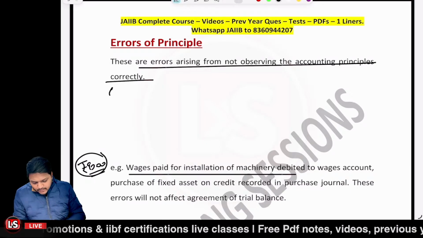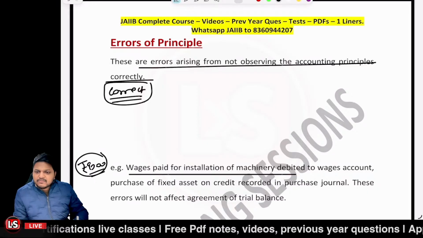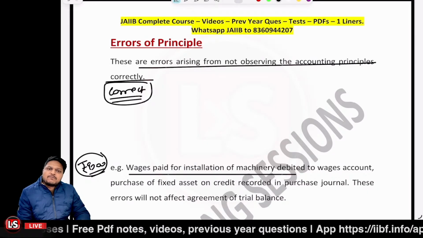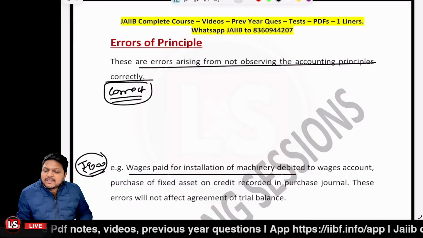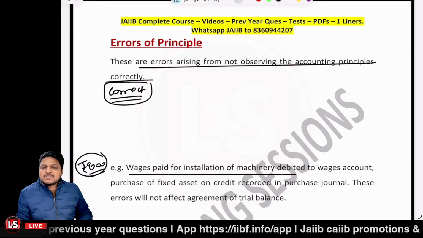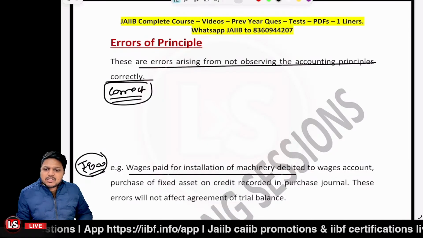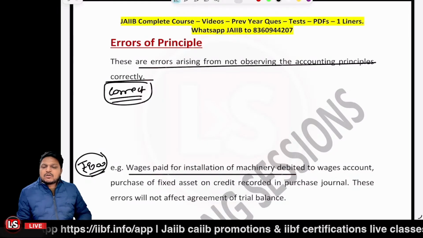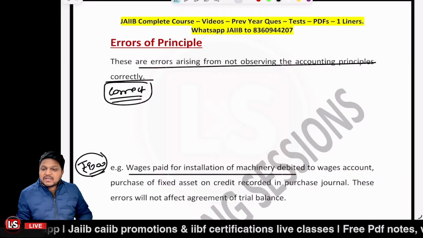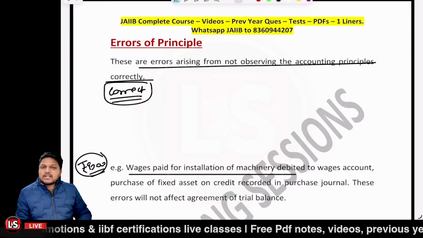So first of all, we are going to post the correct entry. Now try to understand the basics related to it. We have paid the wages for the installation of the machinery. The expense will be accounted in the machinery account as per the accounting principle, because any cost related to the installation, carriage, cartage of the machinery till it is made usable is to be accounted for in the machine account, your fixed asset account.